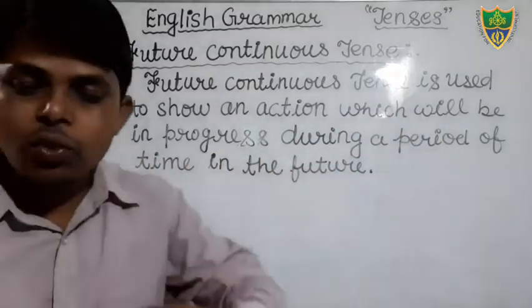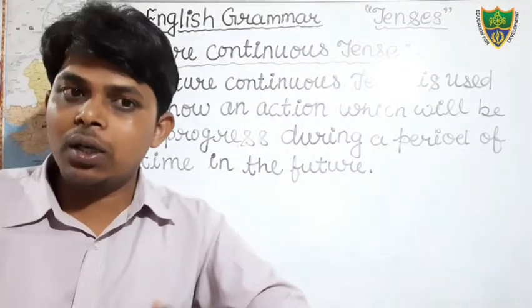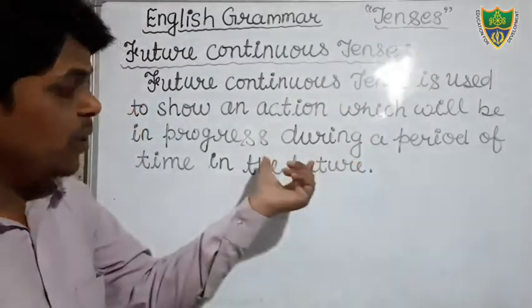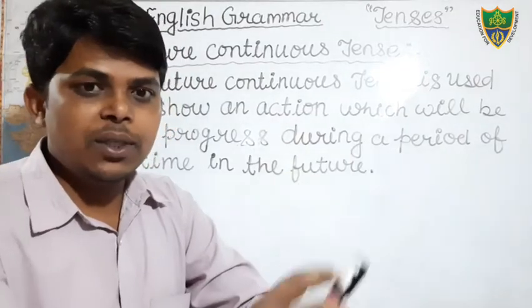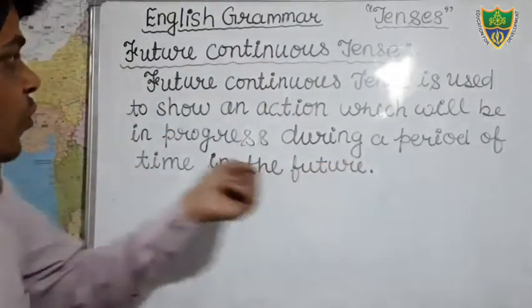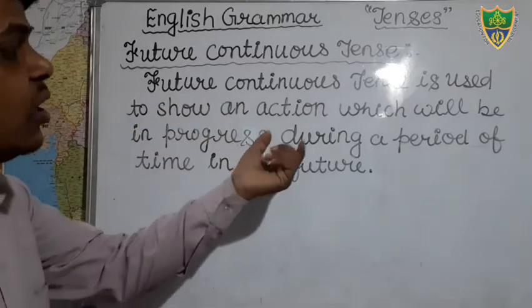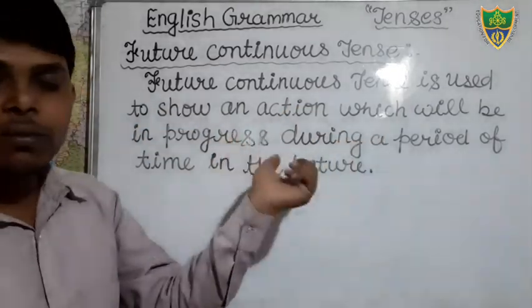It means it denotes the action that is in process but in future time, not past time, not present time. That will be in progress in future time. Okay students, so just write down this meaning of future continuous tense. Future continuous tense is used to show an action which will be in progress during a period of time in the future.